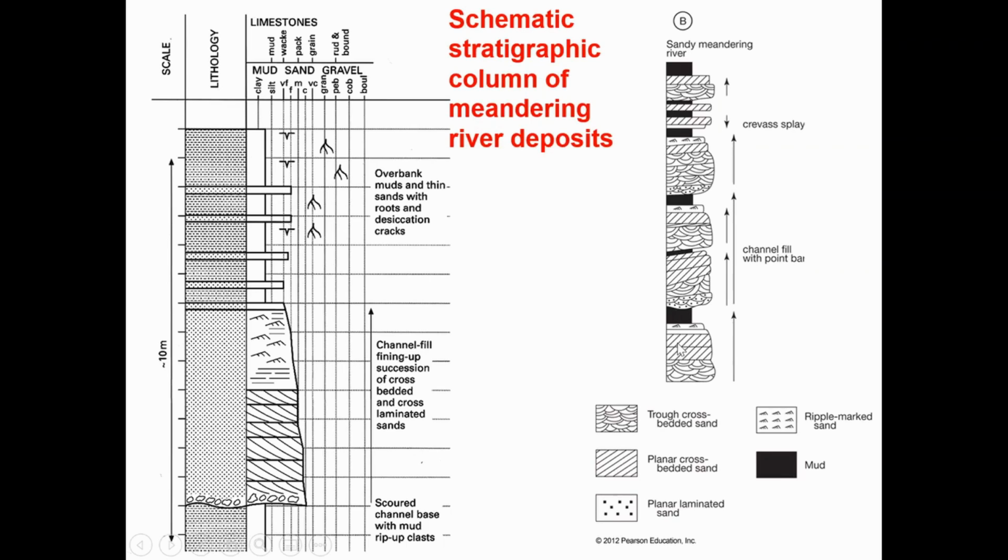You can see that every time the channel meanders back, it cuts into the floodplain deposit, and the channel and the floodplain are alternating beds. Another thing you can see is that within the channel deposit, there is also a fining upward trend.